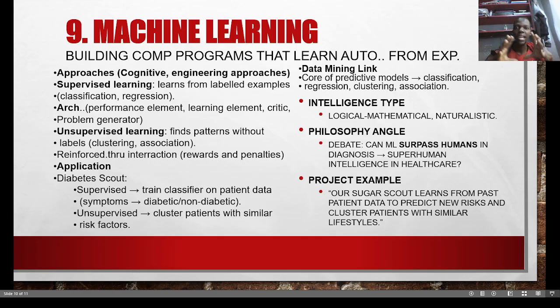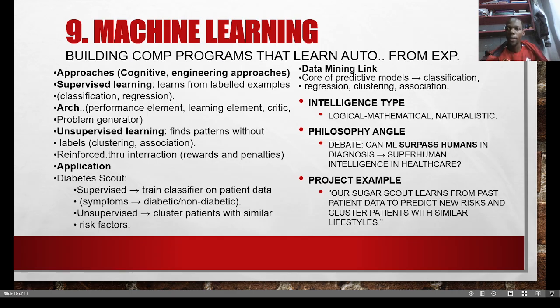But with the engineering approach, we just consider the outcomes irrespective of the method that we use, and that is the applicable approach right now. Just modeling machines that can learn through experience, not necessarily as humans think and react.